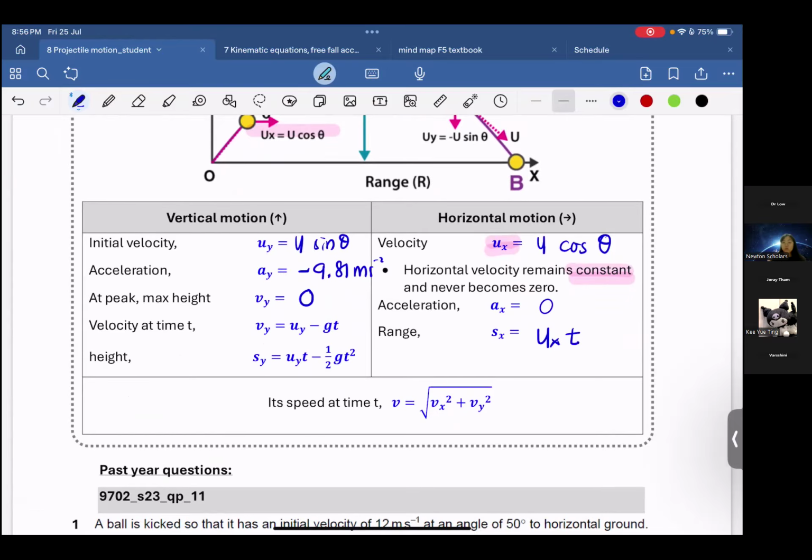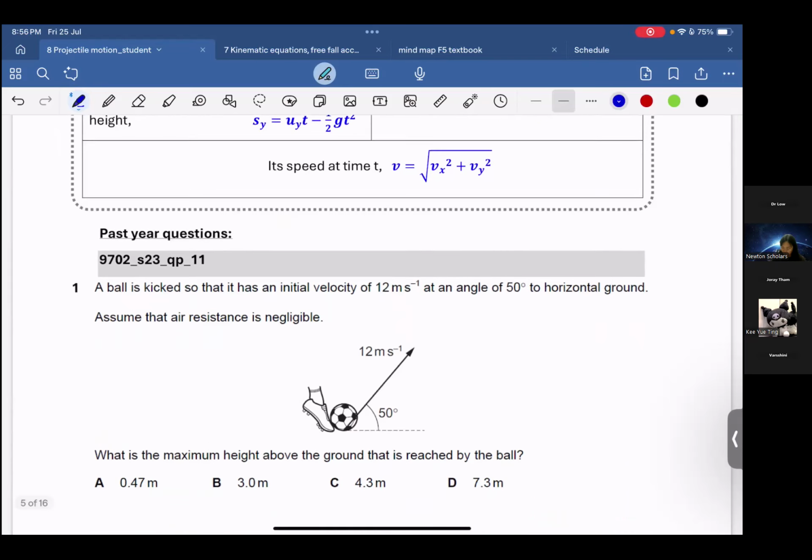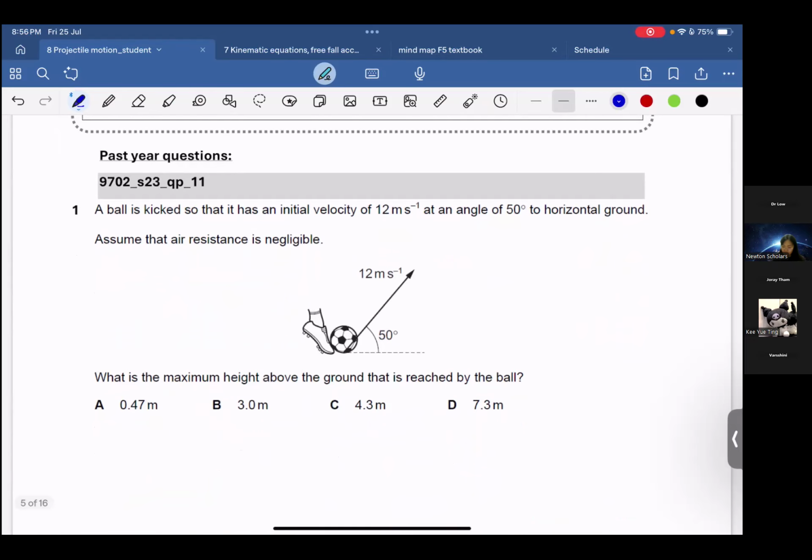Now we try with a practice question. The ball is kicked so that initial, this one is your u. But we need to split it out, resolution. Previously we learned about resolution, so we can split it into UX and UY, at an angle 50 degree.